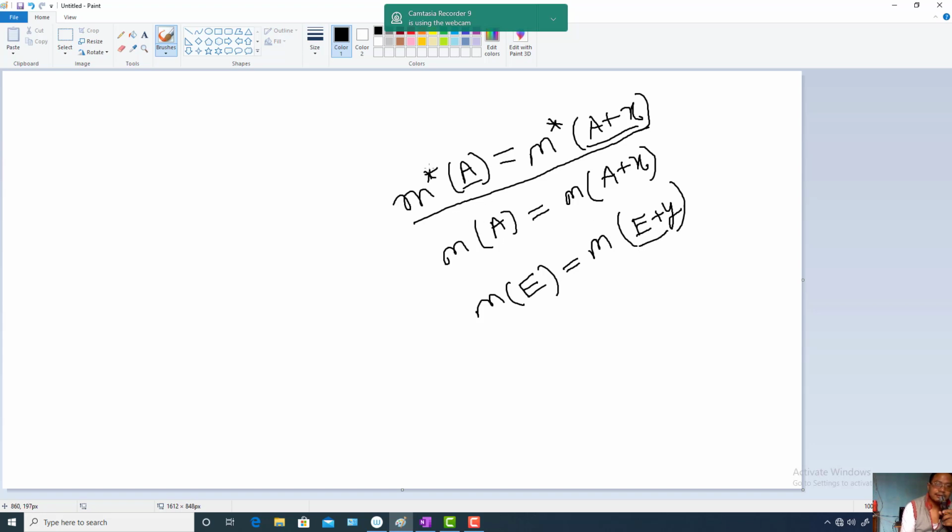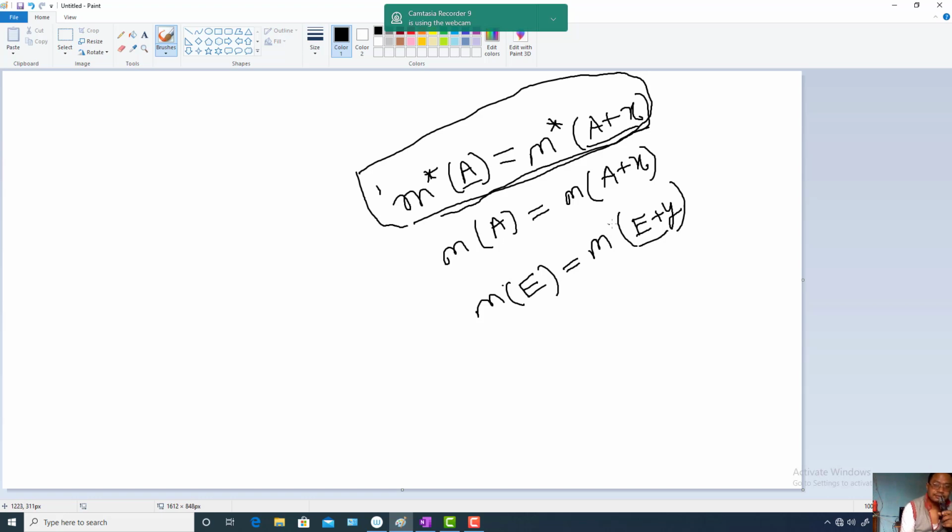But for the outer measure case, this is always true. Whether A is measurable or not doesn't matter. The outer measure of a set A is equal to the outer measure of A plus x. If E is measurable, the star is dropped, but we don't know whether E plus y is measurable or not.